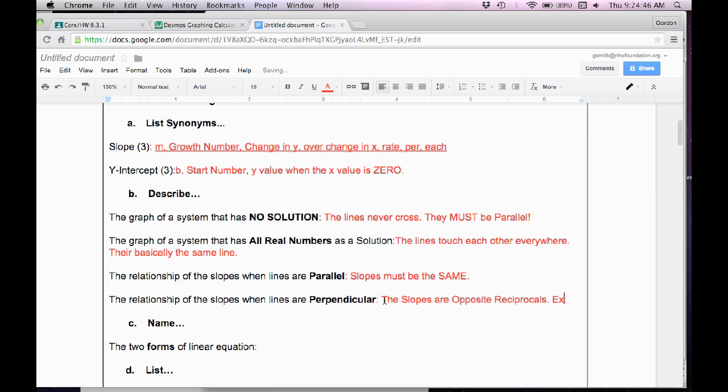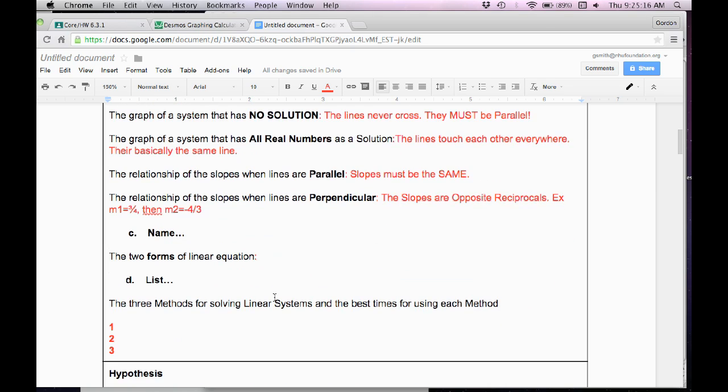An example is if the first slope, we'll just call it m1, equals 3 over 4, then m2, the second slope, equals -4 over 3 because it's the opposite reciprocal of the other slope. So like if we have a 3 over 4, then the other one you take the reciprocal and you make it negative, and those lines will be perpendicular. All right, so that's for B.